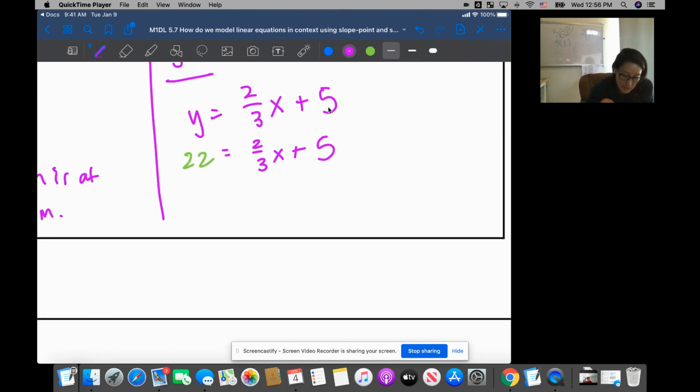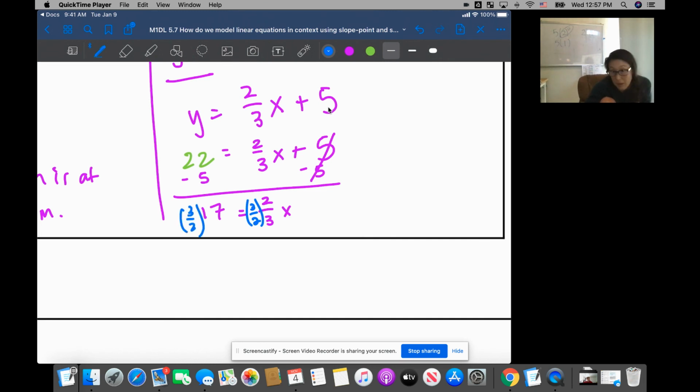All right, so we've got to do some work for JT. We're going to subtract 5 because that is the inverse of adding. Okay, so I get 2 over 3 x is equal to 17. Then, since 2/3 is multiplied by x, I can multiply by the reciprocal to undo that operation, or divide by 2/3, that's also an option.